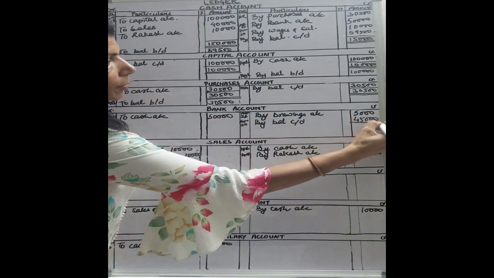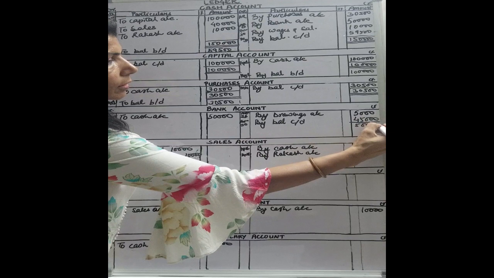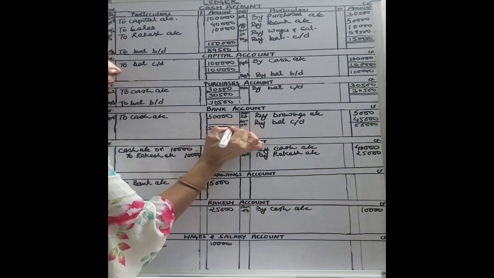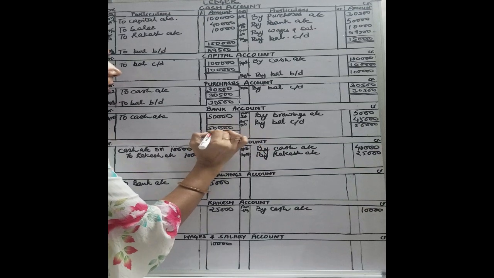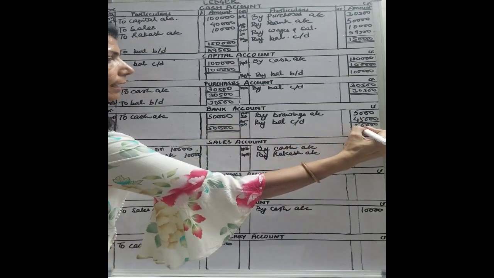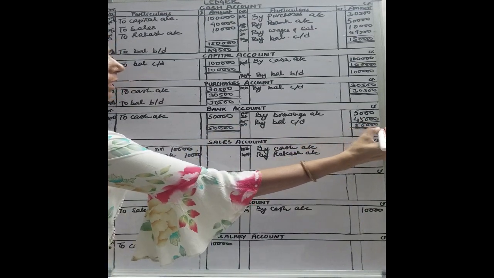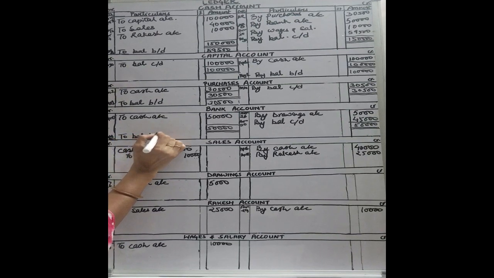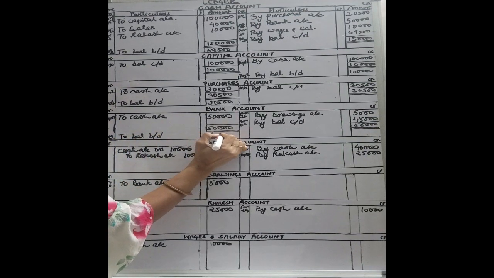Now total the amount, 50,000 here and 50,000 here, and then close the account by drawing two lines like this, and then transfer this amount as this is the opening balance of the new period. So "to balance brought down" 45,000.